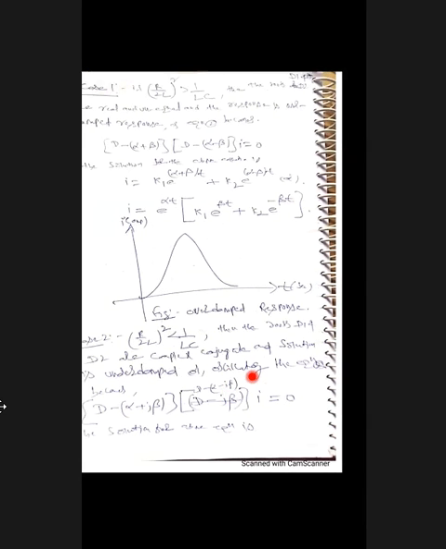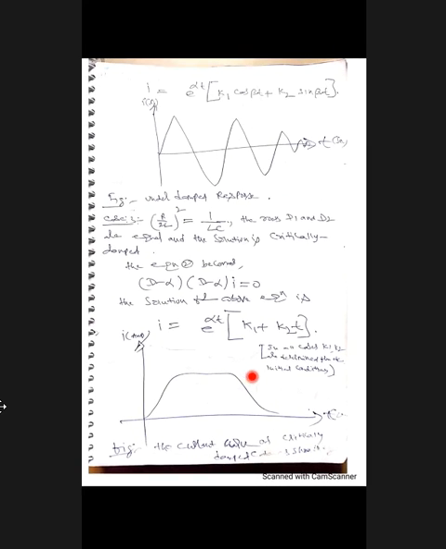So this is the equation. The solution of this equation is I is equal to e to the power of alpha t into (k1 cos beta t plus k2 sin beta t). I am writing the equation directly: k1 into cos beta t plus k2 into sin beta t.